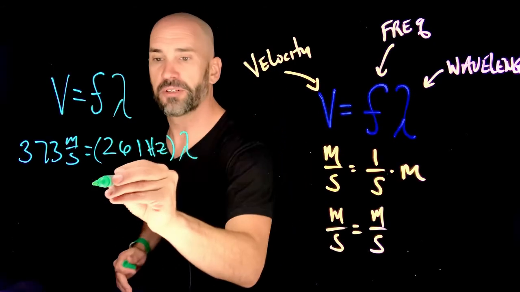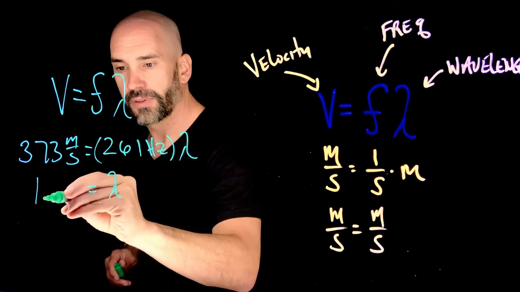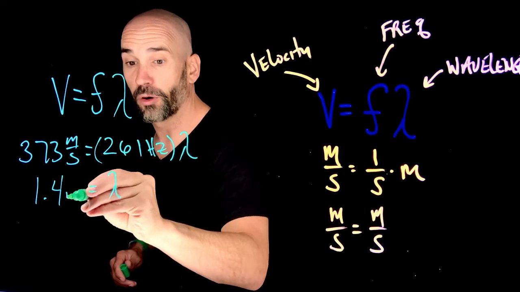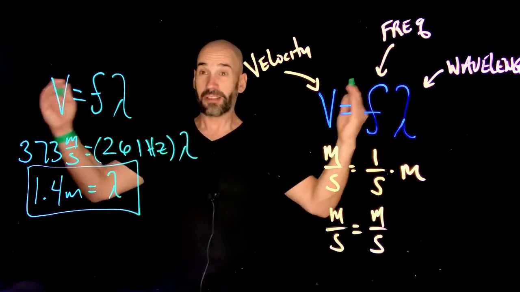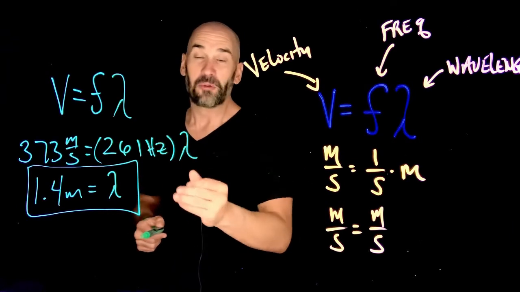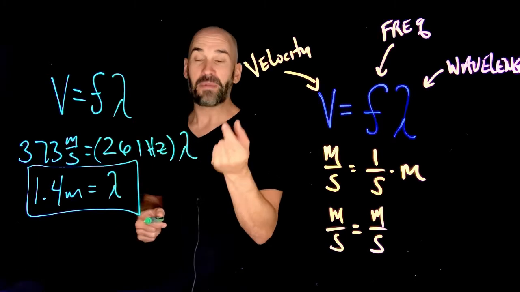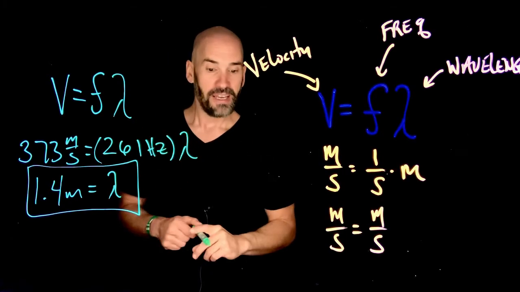We simply do the division. We find that the wavelength of that sound is 1.4 meters. There you have it. It's pretty long, right? Most of you probably think sound waves must be real, real little. Well, the wavelength of that middle C is actually 1.4 meters.